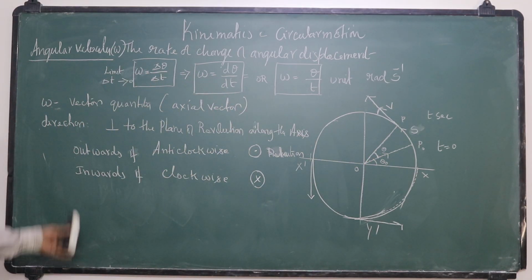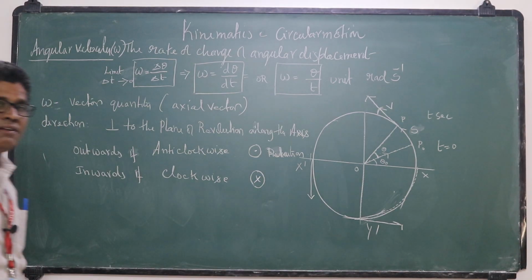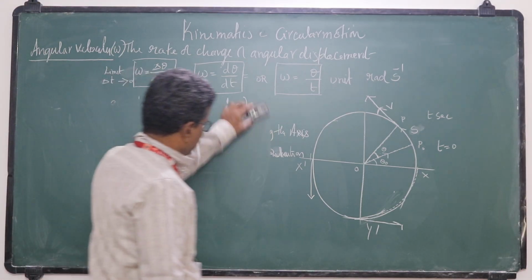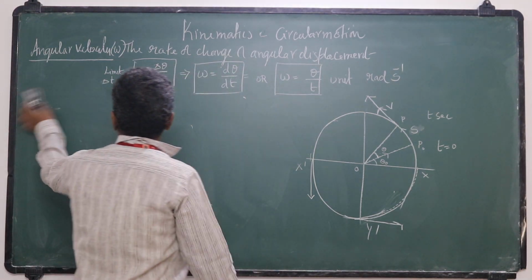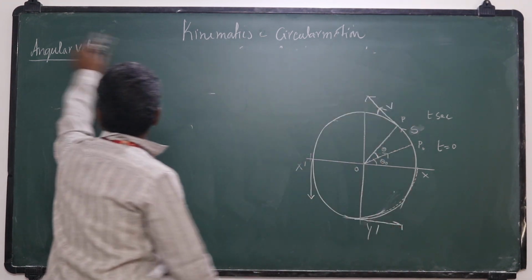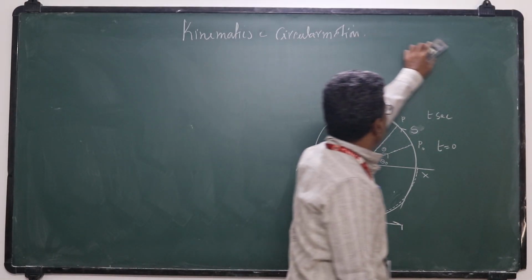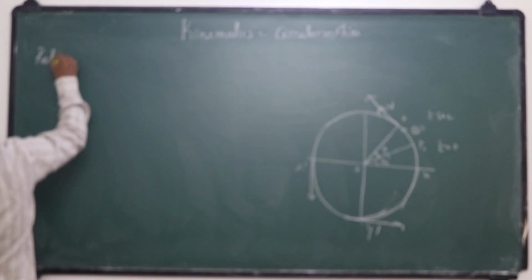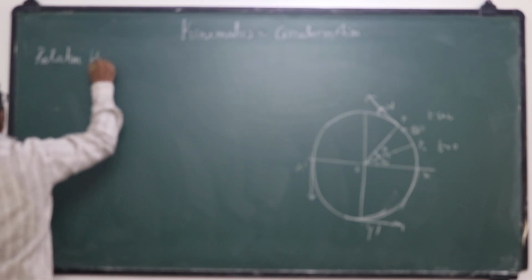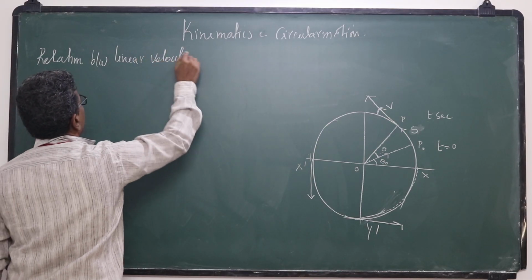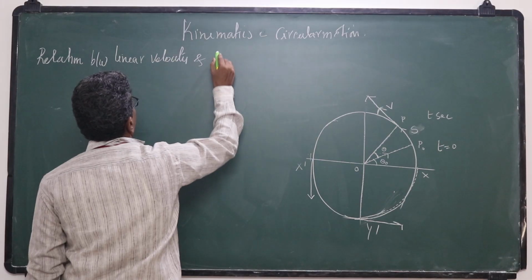So the next one is the relation between linear velocity and angular velocity.